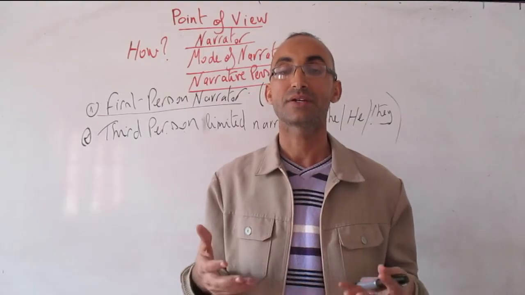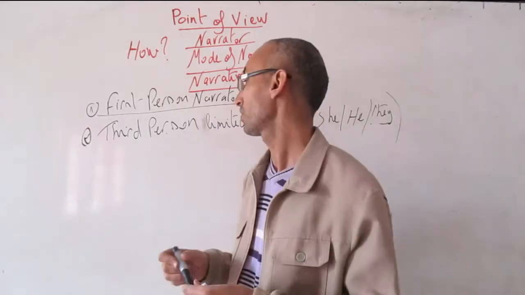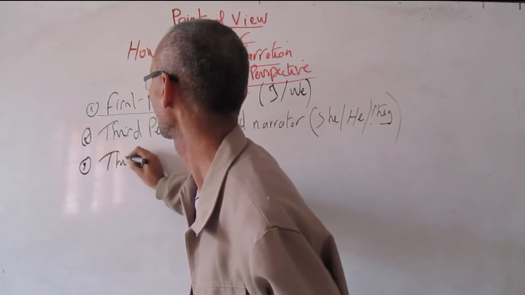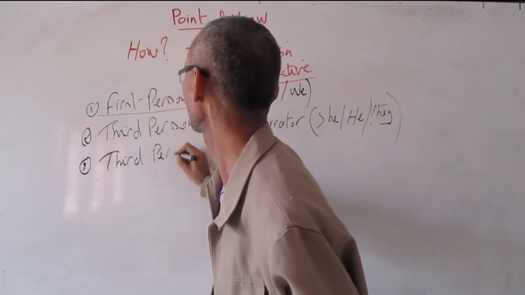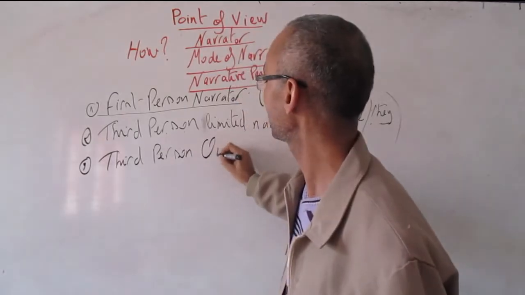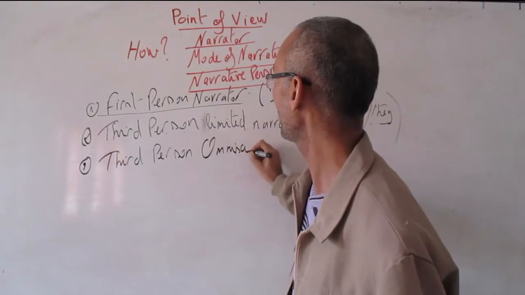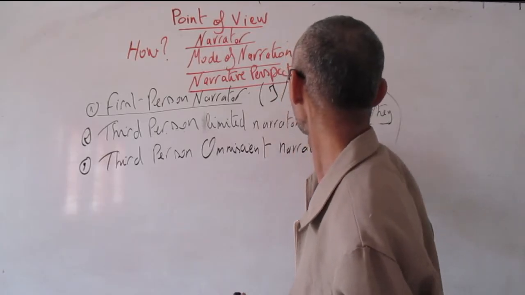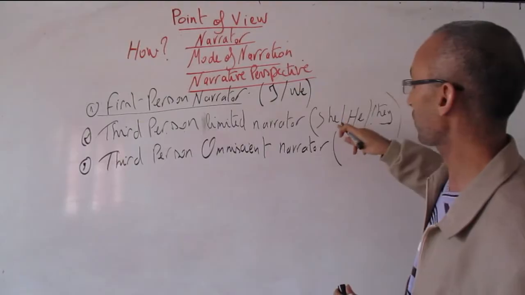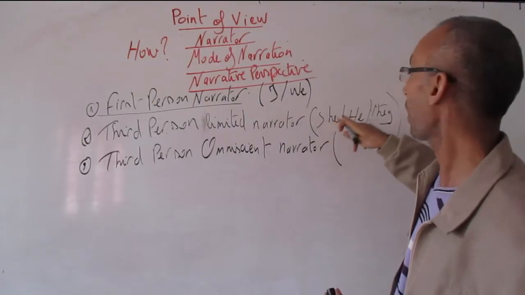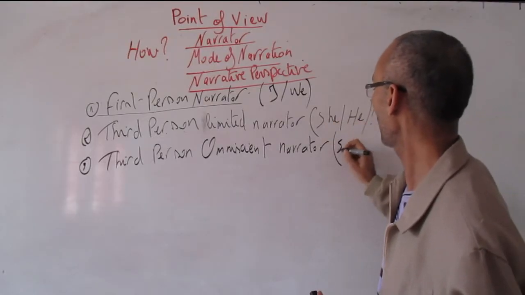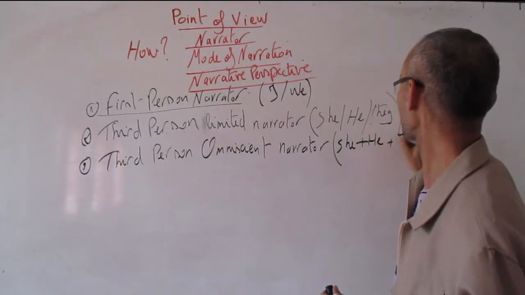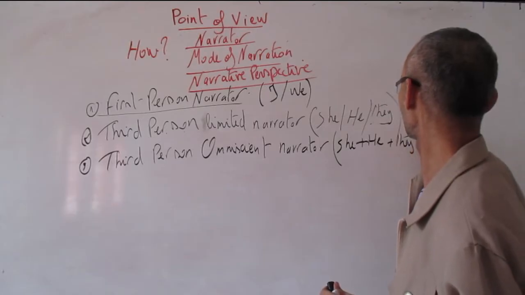Alright, so right here, the third one is third person omniscient. Omniscient means all-knowing, all-seeing narrator. It uses a mixture. The second one used she or he or they, but here it's all of them: she plus he, plus they, and so on.